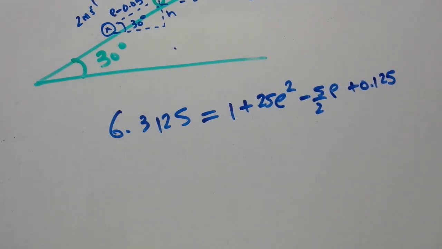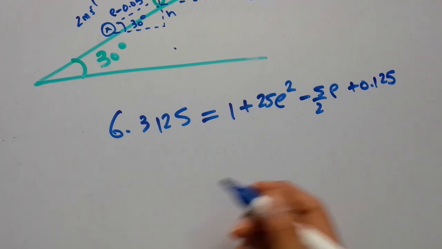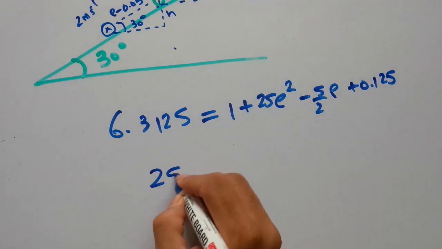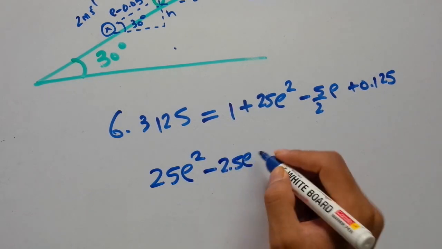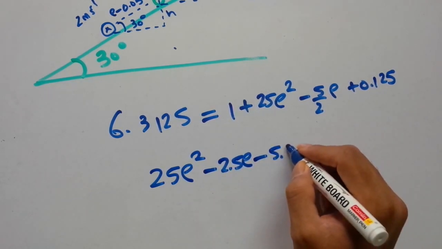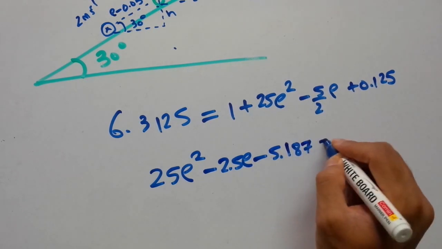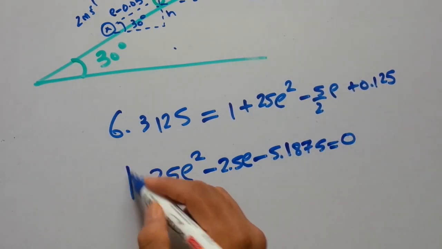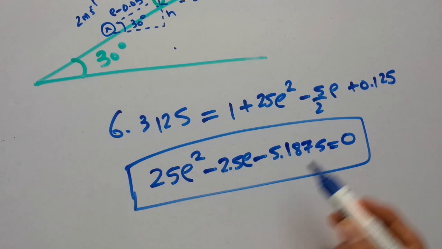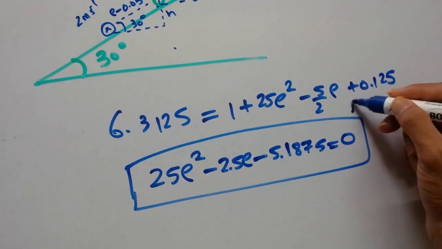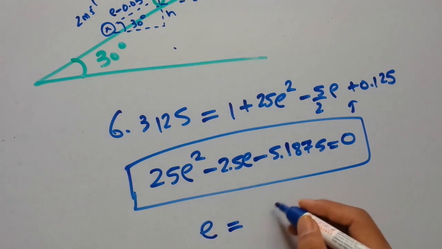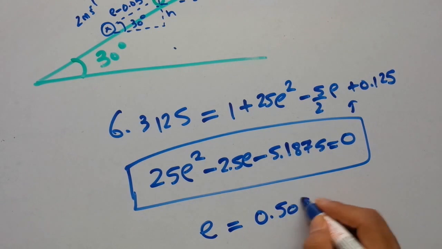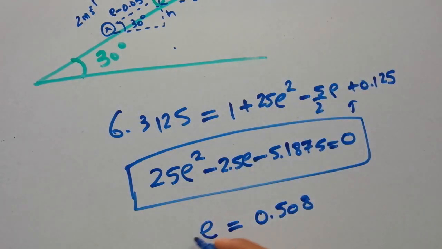Simplifying all of that, you should be getting a quadratic equation: 25 E square minus 2.5 E minus 5.1875 equal to 0. Solving for E, you should be getting E as 0.508. I'm going to leave the solving part to you.